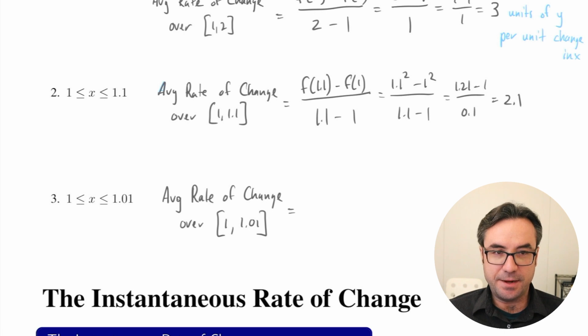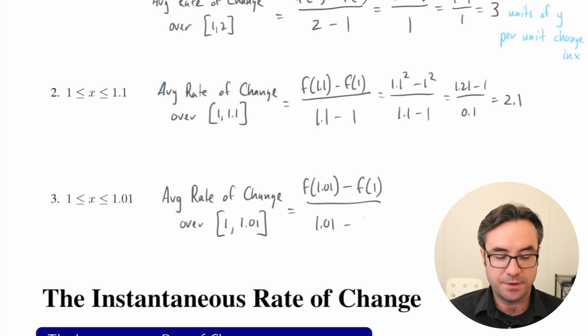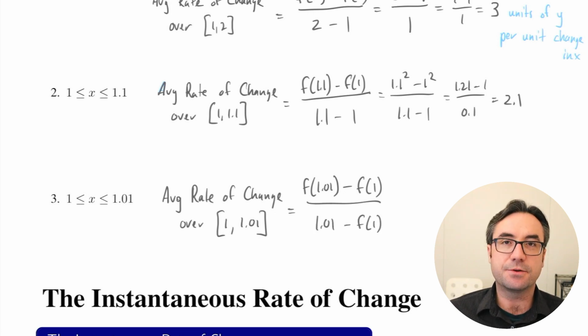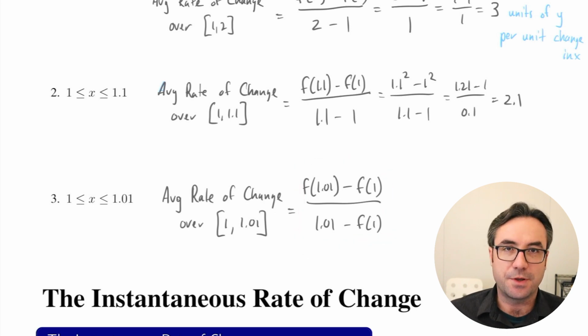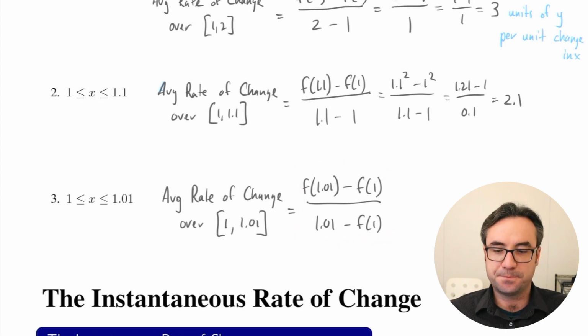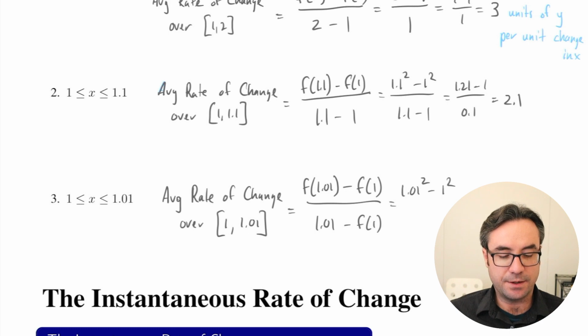And same deal. We're going to plug into our function. So we'll plug 1.01 in first. Then we'll plug 1 in and subtract. So we'll keep the same order for the denominator. And we're just calculating the average value. And this is just the regular slope formula. When we plug in, we get 1.01 squared minus 1 squared over 1.01 minus 1.